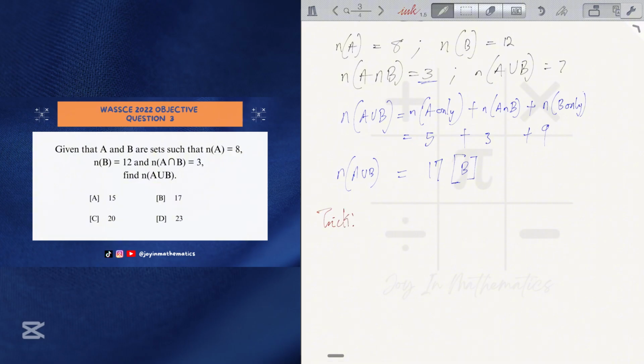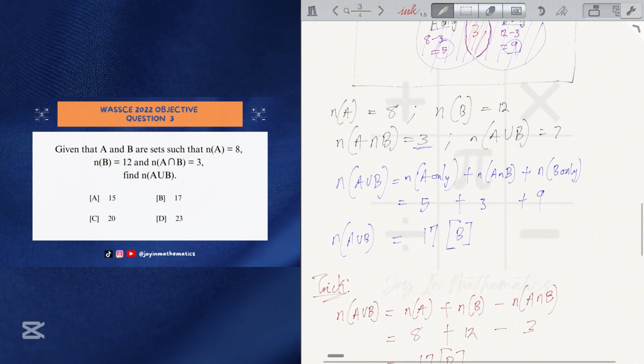The trick simply says the cardinality of A union B is equal to the cardinality of A plus the cardinality of B minus the cardinality of A intersection B. If you apply this now, this will be 8 plus 12 minus 3, and that will definitely give us 17, which is option B. So whichever method you pick, you are still good to go.